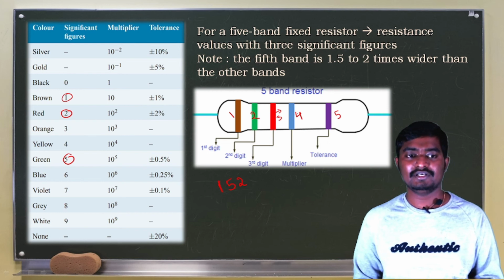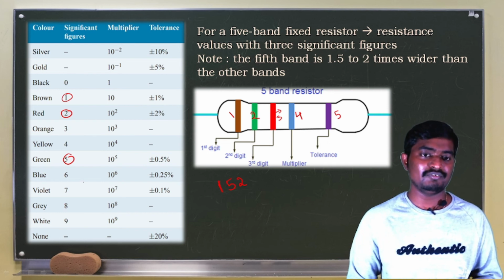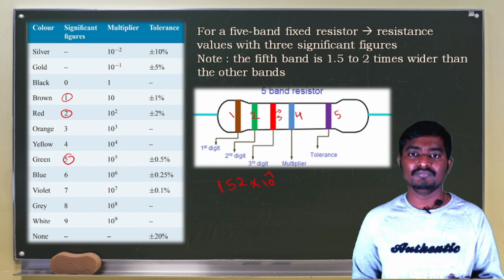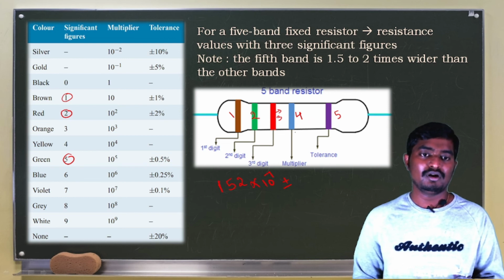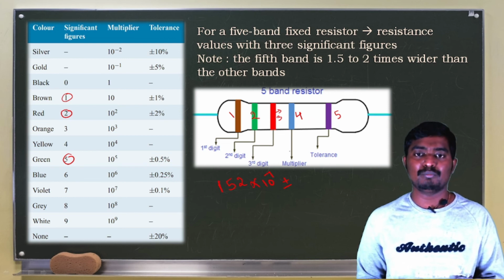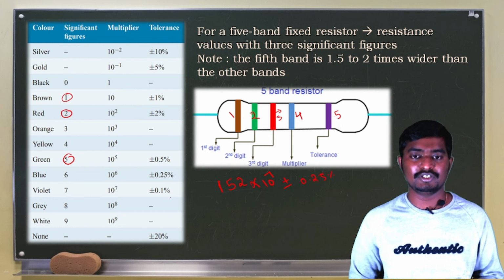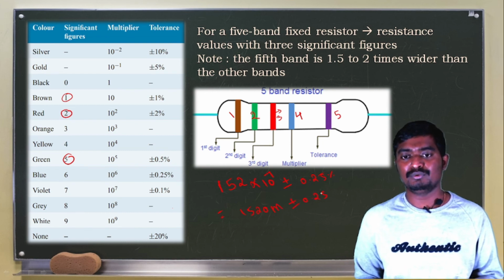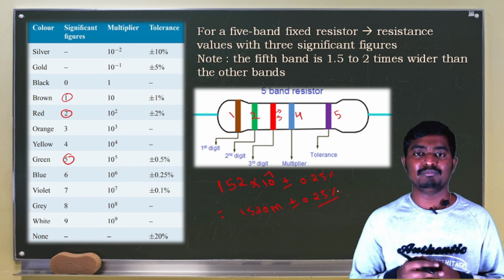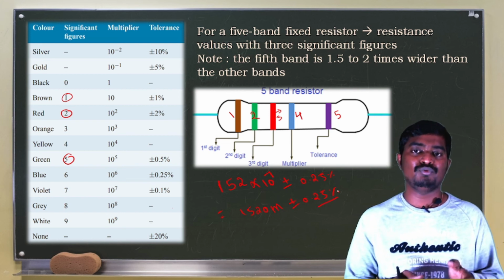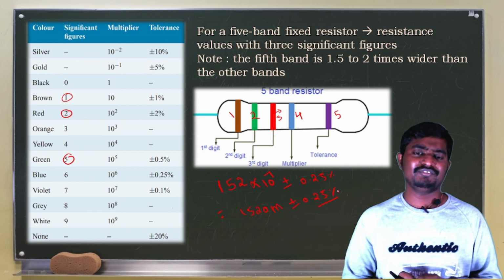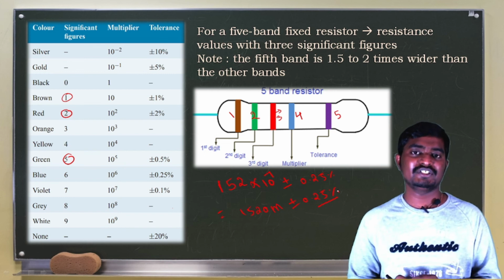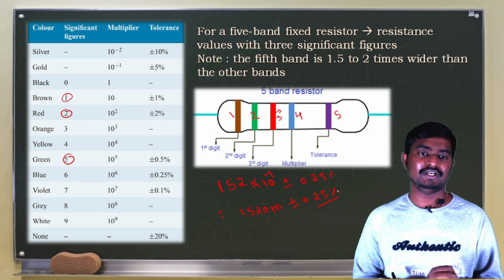This is the violet color. For violet, the value of the multiplier is 10 power 7, and for tolerance, plus or minus, it is a blue color. Tolerance is 0.25%. So it can be written as 1520 mega ohm plus or minus 0.25%. From this, we can say that for a 4-band fixed resistor, the significant digits are 2. For a 5-band fixed resistor, the significant digits are 3.